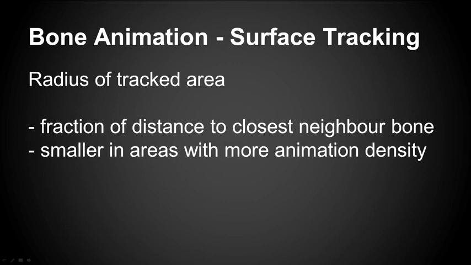Well, a simple way is just to use a fraction of the distance to the closest bone, which means that in areas with a lot of bones, you're going to have a bunch of small circles, and in areas with fewer bones, the circle is going to be larger, which means that the transform is going to represent an approximation of a larger area.